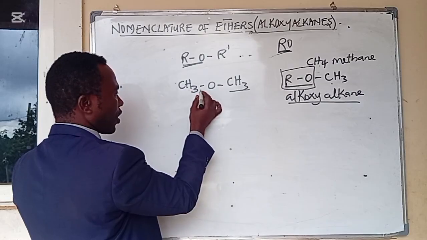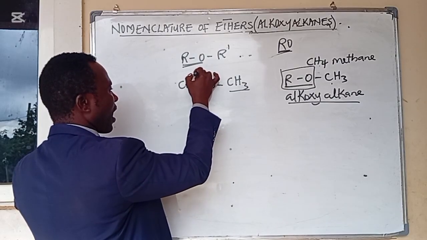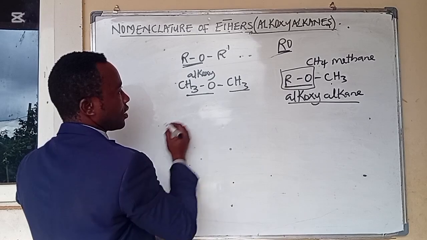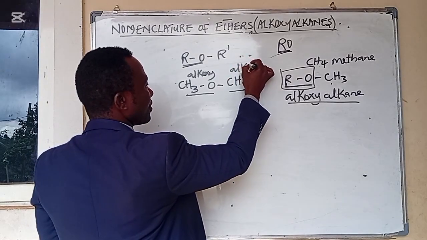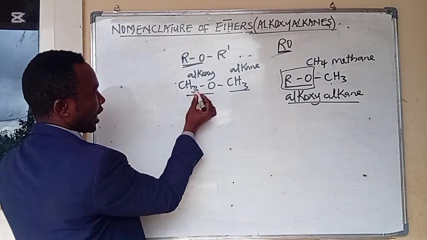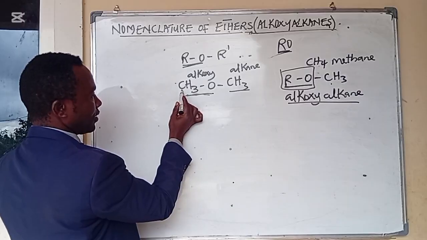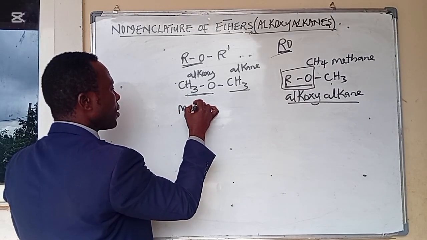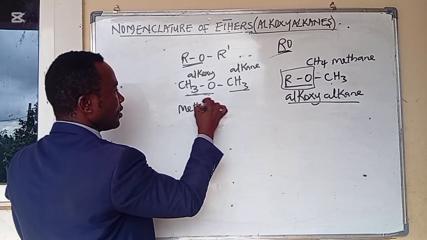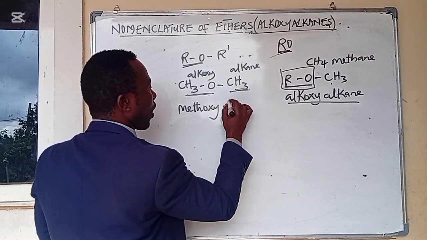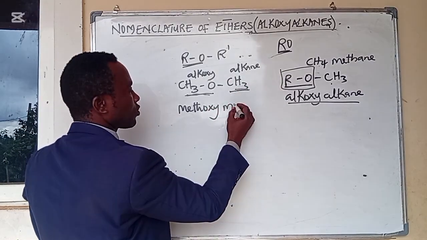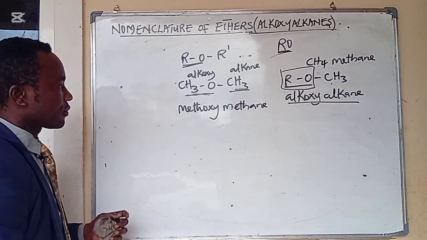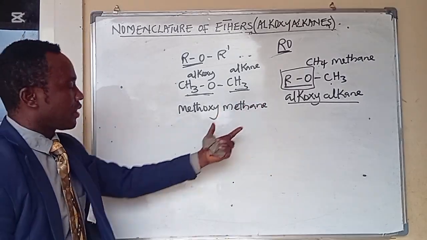Now, because we have the alkoxy part of it and the alkane part of it, we can see that this alkoxy part is one carbon atom, which is methyl. So this is a methoxy. Then we have one carbon atom at the alkane part, which is methane. So that is the name of the compound, methoxy methane.